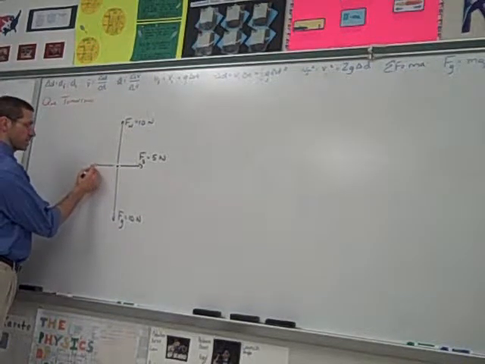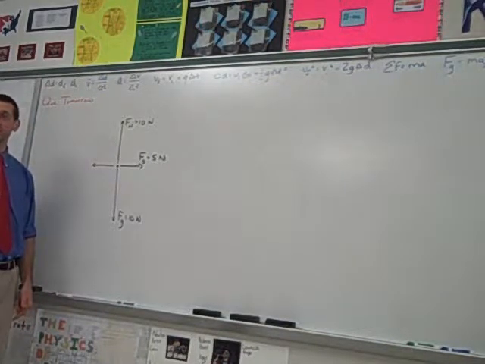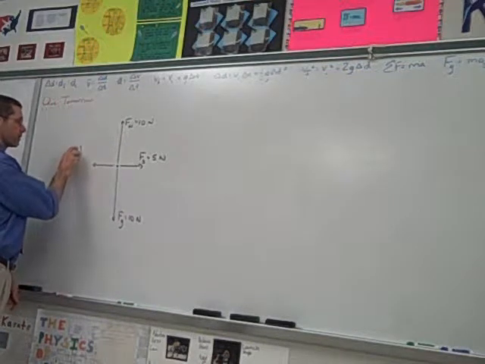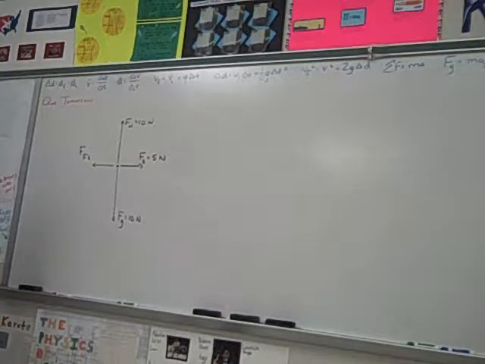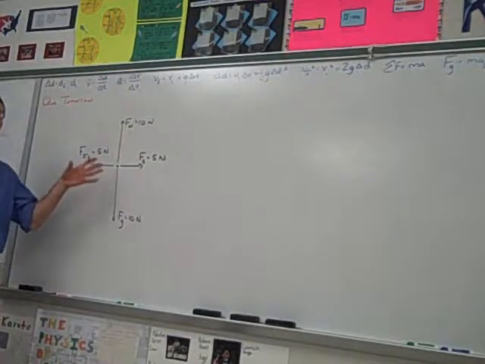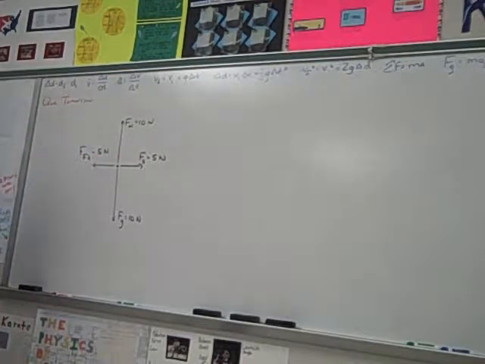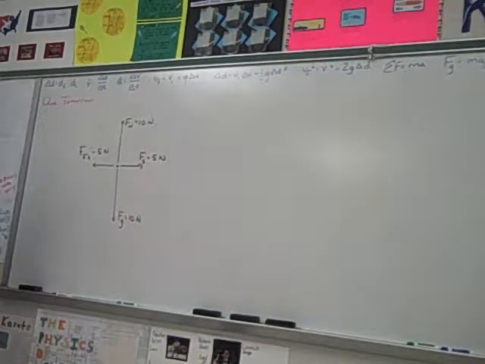Because we're not accelerating. And since it's sliding, the type of friction present is what kind? Kinetic friction. So I'm going to write force of friction with a K here for kinetic. And what's its value? 5 newtons. I know that because I measured the velocity, it was constant, we're in equilibrium, I was applying 5 newtons of force.